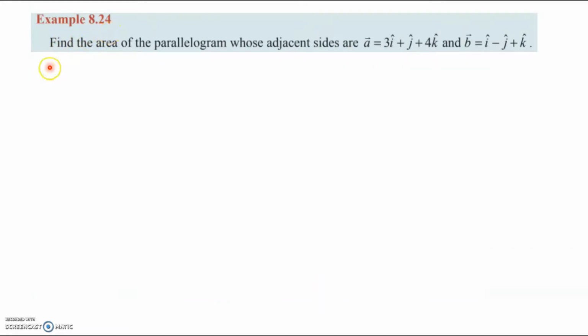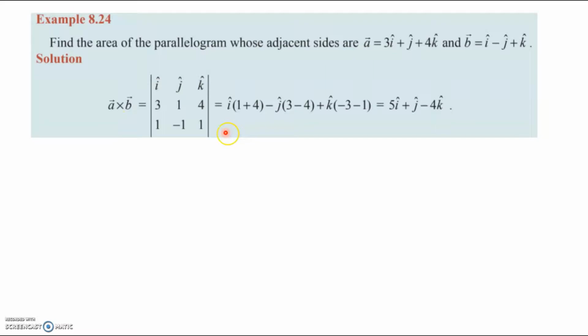Example 8.24. Find the area of the parallelogram whose adjacent sides are vector A and vector B. We know that the area of the parallelogram can be found when A and B are adjacent sides. A cross product with B is the area of the parallelogram with A and B as two adjacent sides. So let's find A cross product with B. So we get our A cross product with B as 5i cap plus j cap minus 4k cap using the determinant here.